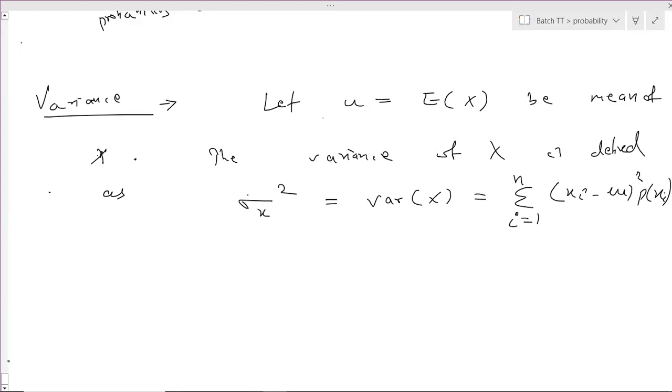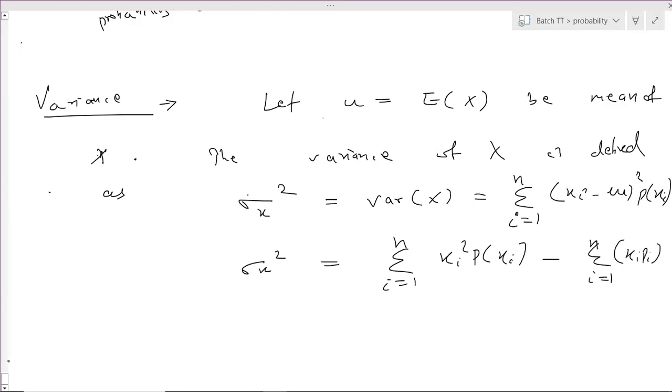We have another one also. Sigma square x equals summation i equals 1 to n xi square p of xi minus (summation i equals 1 to n xi p of xi) square. That is, variance of x equals expectation of x square minus (expectation of x) whole square.